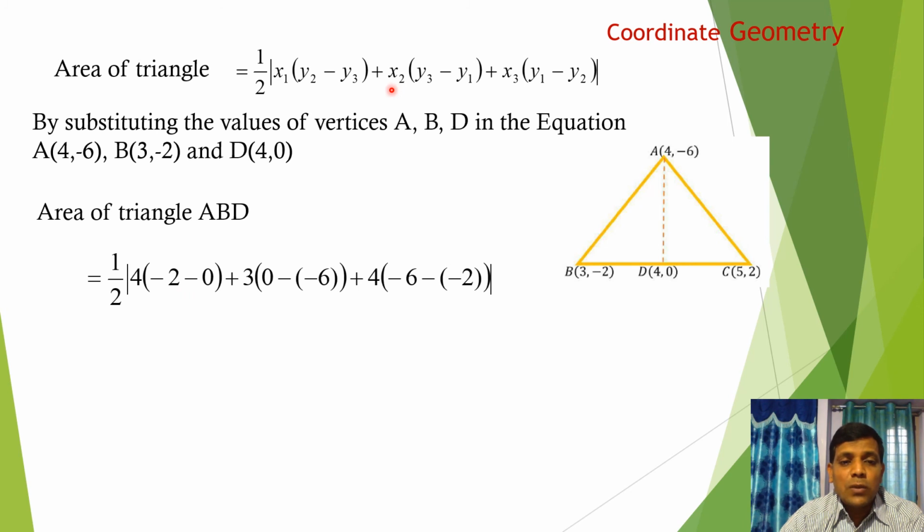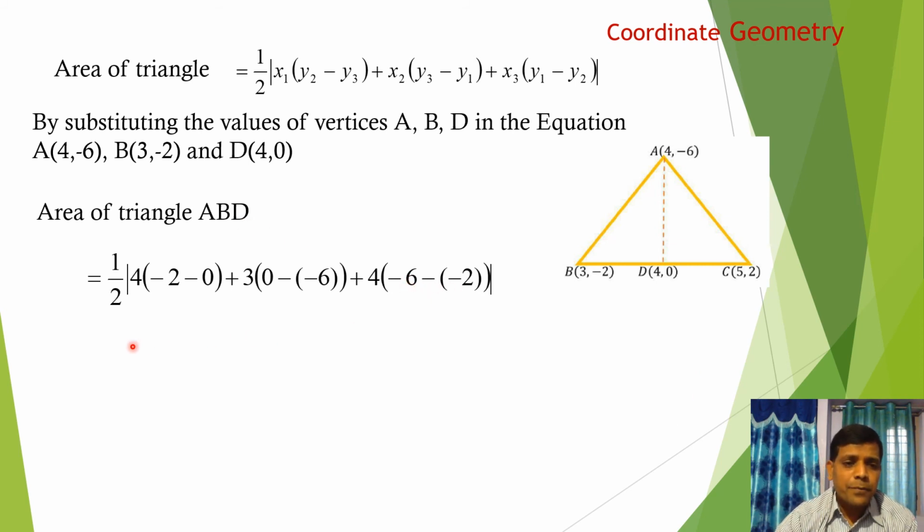Plus x2 means 3, y3 is 0, y1 is minus 6, so 0 minus of minus 6. Plus x3 equals 4, y1 is minus 6, y2 is minus 2, so minus 6 minus of minus 2.